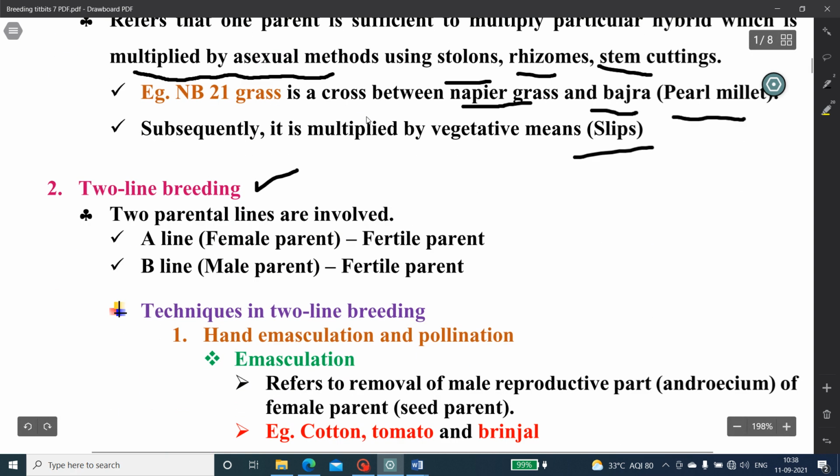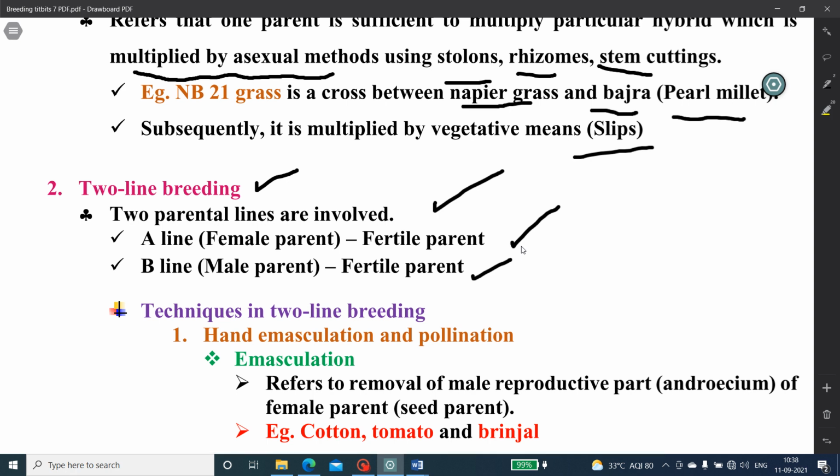As far as two-line breeding is concerned, here two parents are involved. When compared to three-line breeding, both the A line and B line are fertile parents, whereas in three-line breeding, the A line is always the sterile parent.